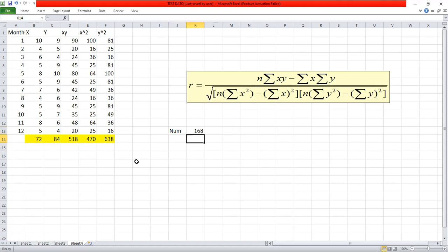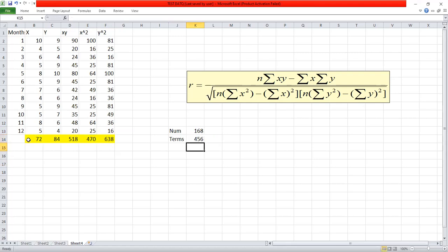Denominator, we get the first term. I just call it term 1 here, because you have substituted. Term 1 to me is the x part, the first part, which is 12 times 470 minus 72 squared, whole squared.